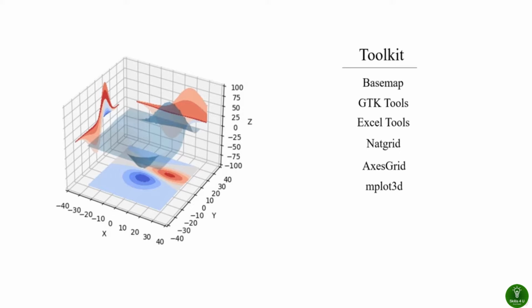A toolkit is a collection of specific functions that focuses on one topic, such as plotting in 3D. Popular toolkits are Basemap, GTK tools, Excel tools, NatGrid, Access Grid, and Mplot3D. We will explore more of Mplot3D in this recipe.